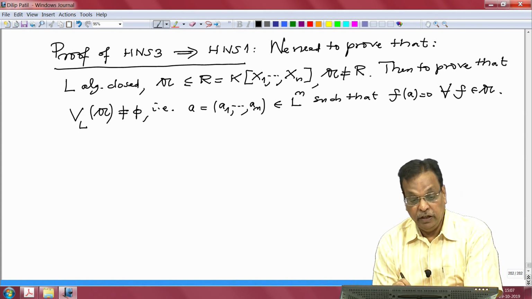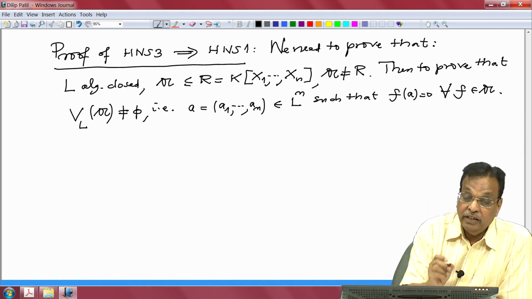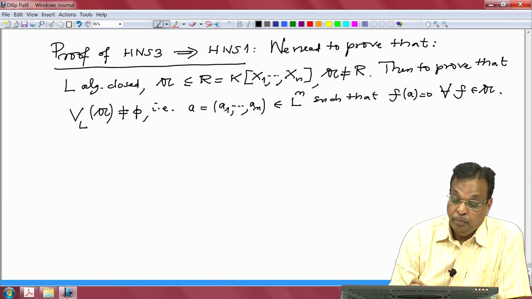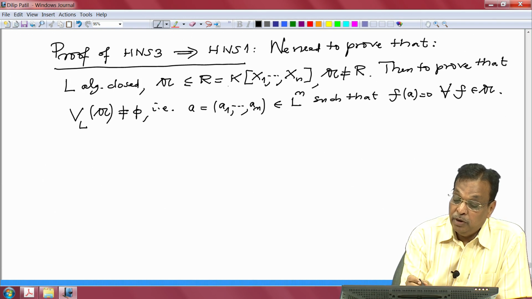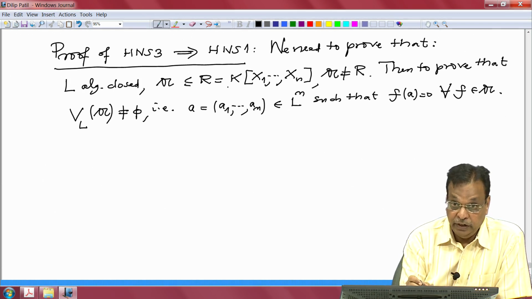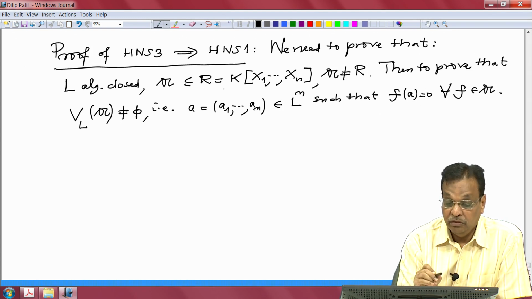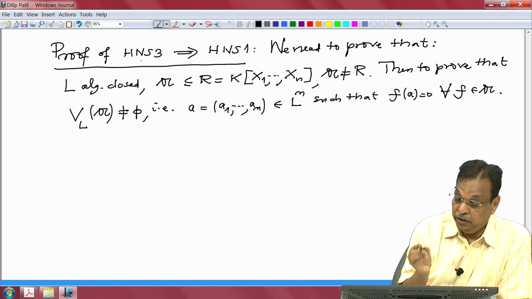And what is given is HNS3. That means whenever you have a finite type K algebra E, which is a field, then it should be an algebraic extension. That is what is given, that is HNS3.